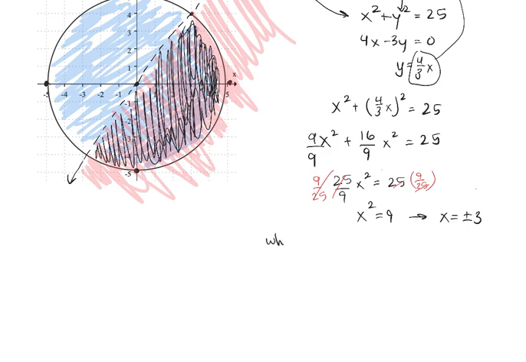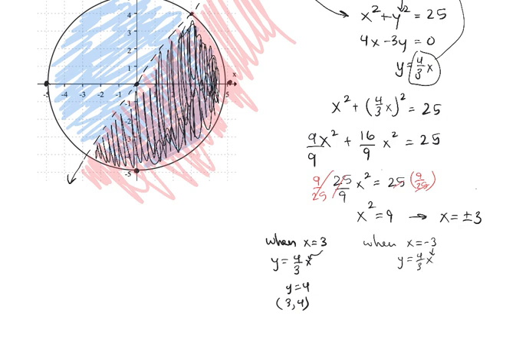So when x equals 3, we had this equation y is equal to 4/3 x. So if you plug in the 3 right here, 4/3 times 3, the 3's would cancel, so y equals 4. So we have a point 3 comma 4. When x equals negative 3, we can still use that same equation, y equals 4/3 x.